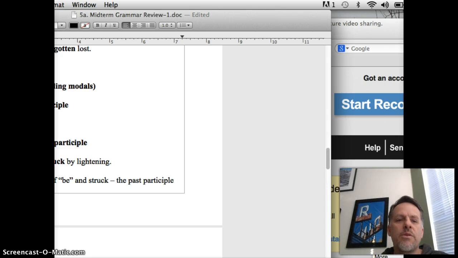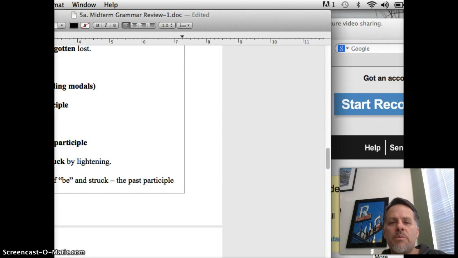Be very careful. A couple of people had this issue in class yesterday. Be very careful about just putting in a be verb and trying to make it a passive. You can't do that. If the subject is doing the action of the sentence, then you have to take the object and move that up to the subject spot and move the subject into the agent spot if you need the agent.